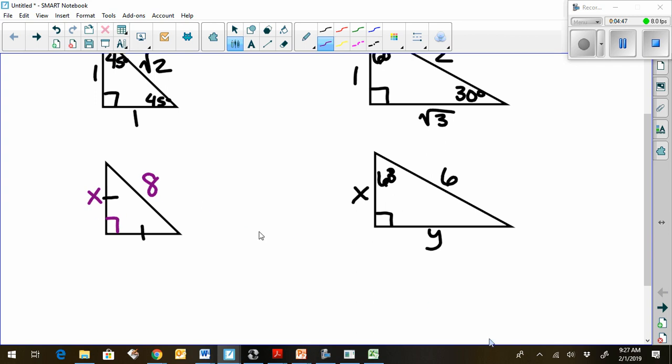Well, I can set up the proportion. 8 over, remember 8's the hypotenuse here, so 8 over square root of 2 equals x, so we have to be on the same triangle as where the 8 was, x over 1.